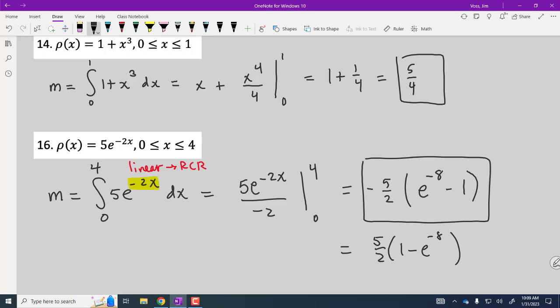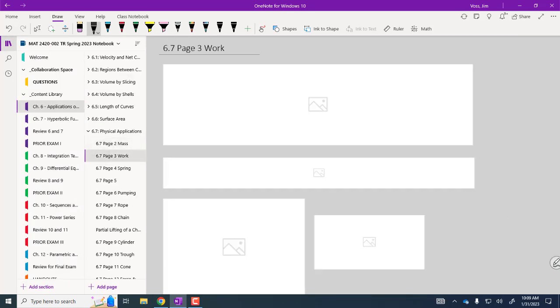And that e to the negative 8 is super tiny, so that's going to keep us on the positive side. Okay, so basic concept: the integral of density is going to give us mass. All right, let's go to work next.